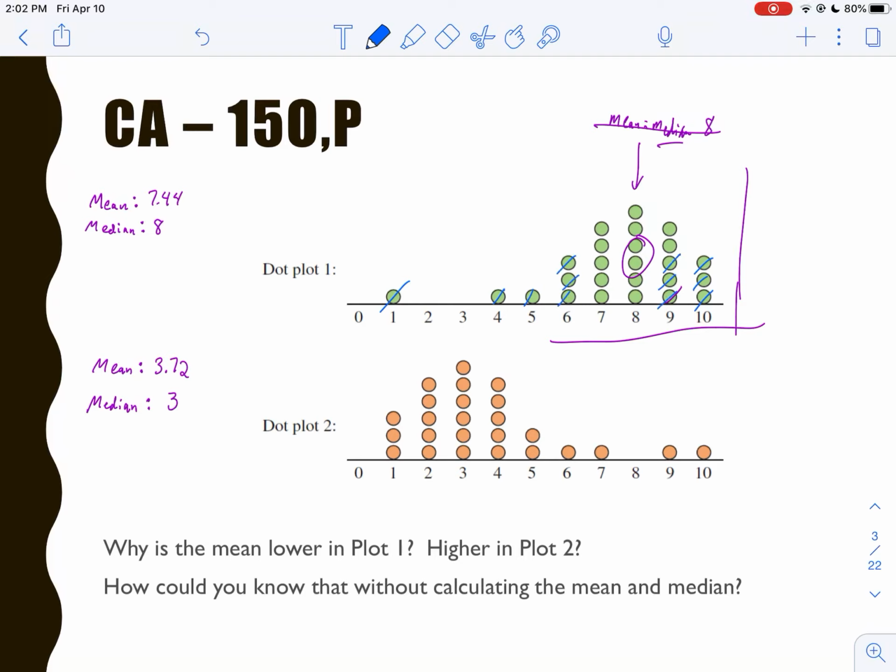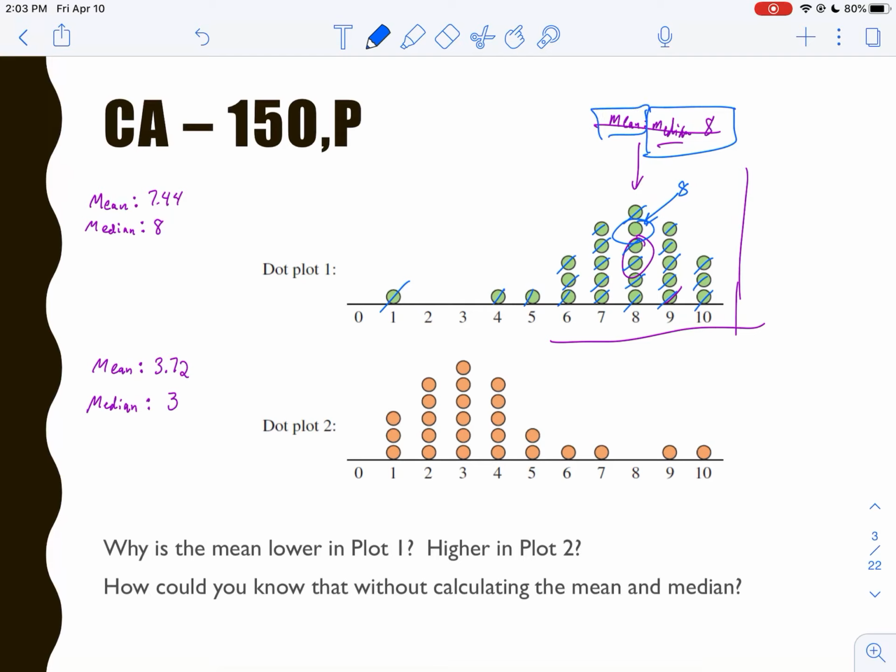Well, I've got to cross off 3, then 3, 3, 3, 5, 5, and then I'm going to cross off this one and this one. I end up getting this as my middle value, which is still 8. So my median is 8 for this set.